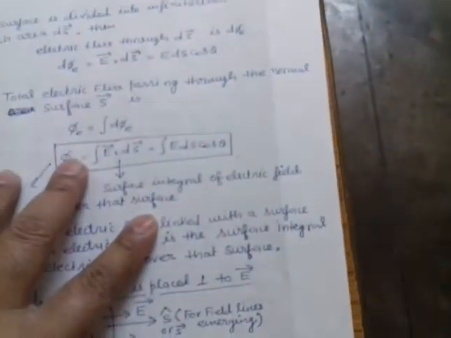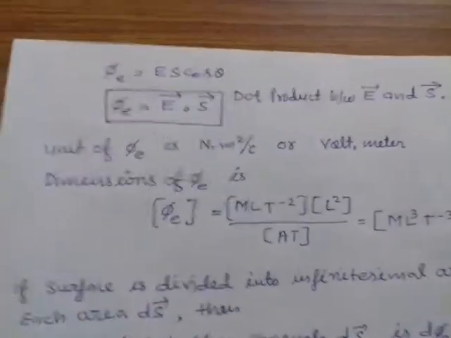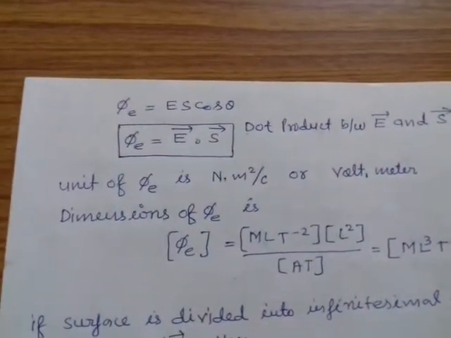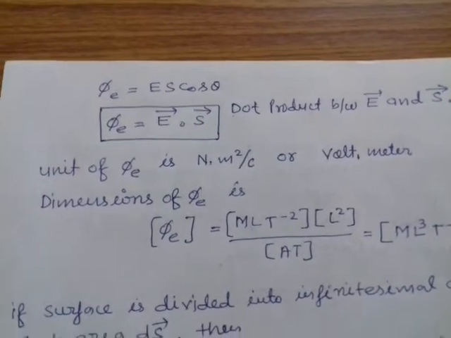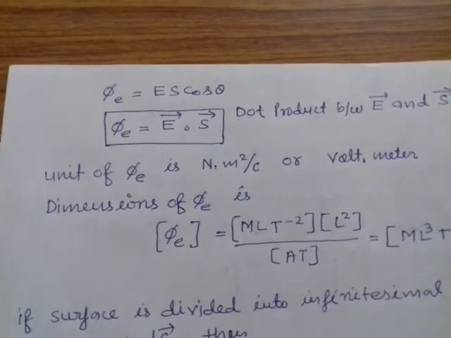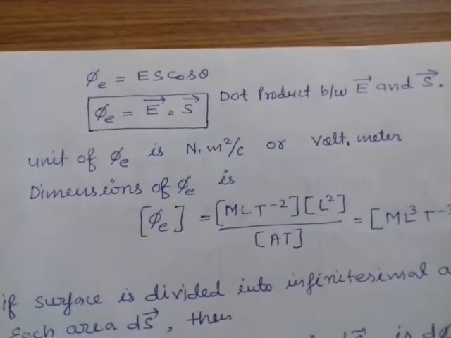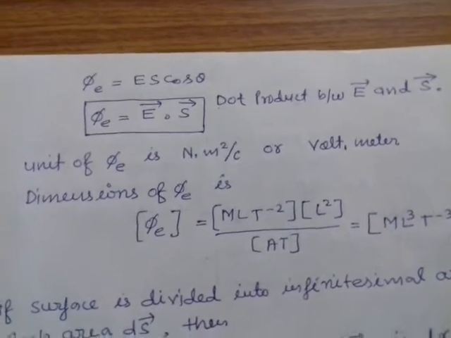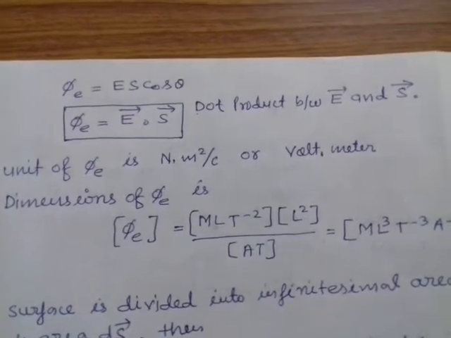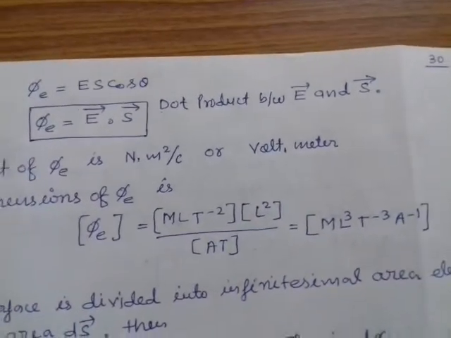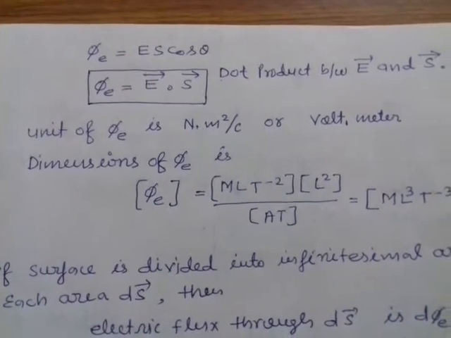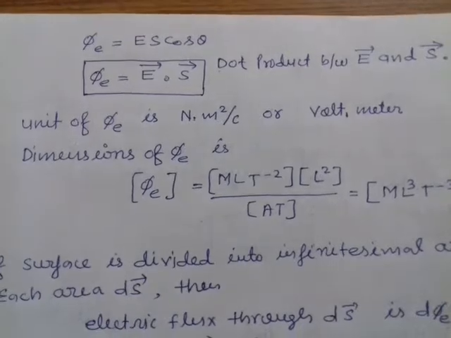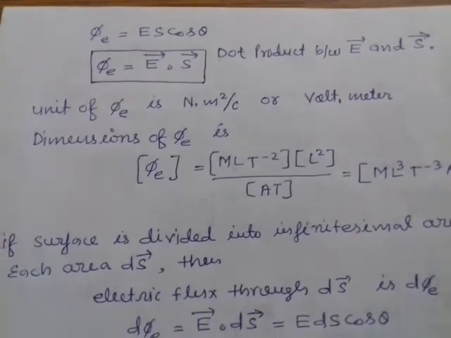So we can say electric flux phi E is equal to E S cos theta, which can be written as E dot S. So phi E is equal to E dot S, dot product between E and S. Unit of phi E is either Newton meter square per coulomb or volt meter.